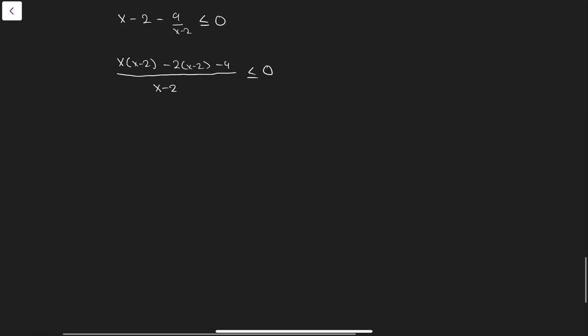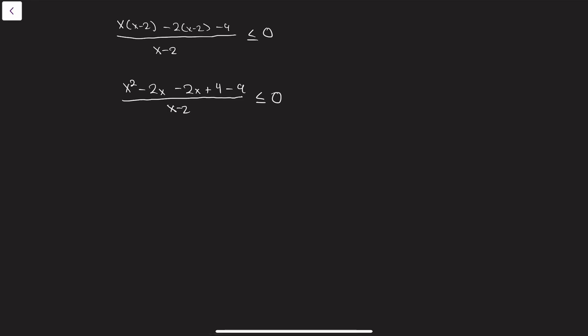So let's simplify this. We get x squared minus 2x plus 4 minus 9 all over x minus 2, just from simplifying the top. Then combining like terms, you have x squared minus 4x, and we have minus 5 all over x minus 2.